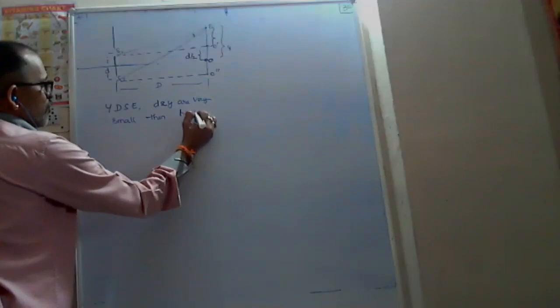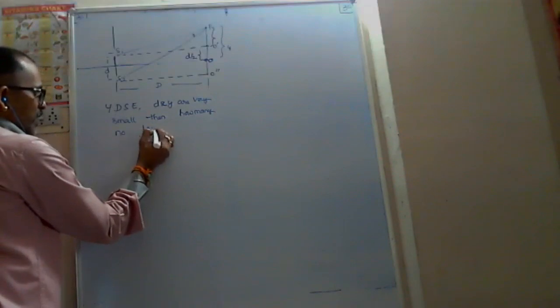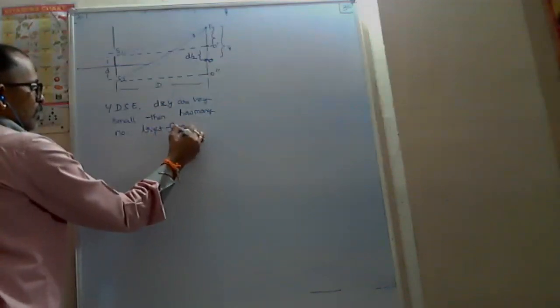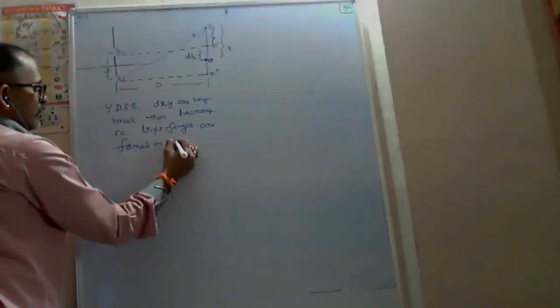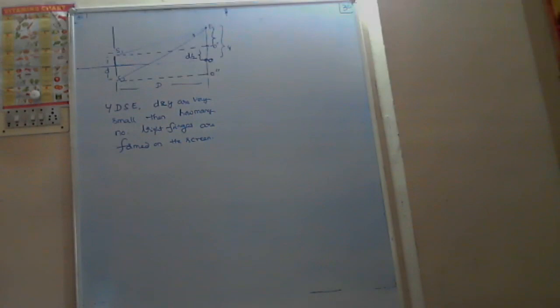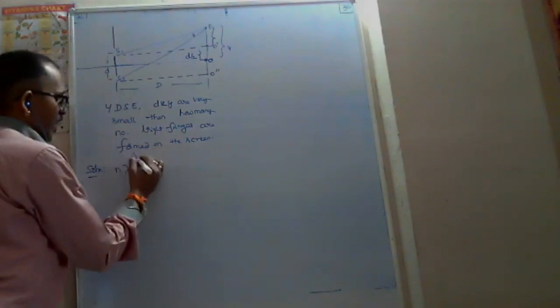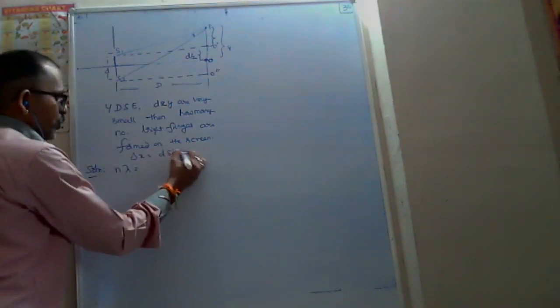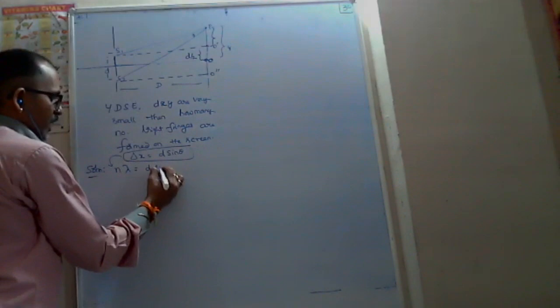How many maxima, meaning bright fringes, are formed on the screen? Under those conditions, for the number of bright fringes, I take n lambda equal to delta x, which is equal to d sin theta. Then n lambda is equal to d sin theta.